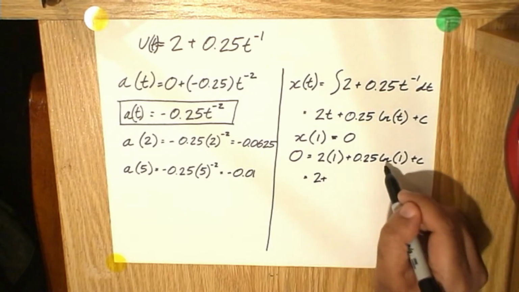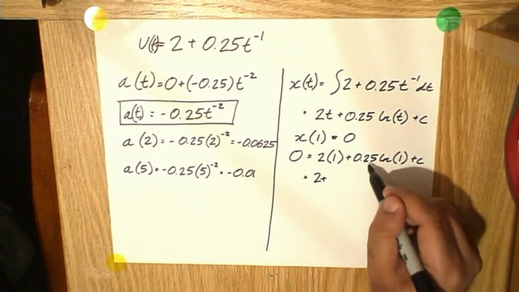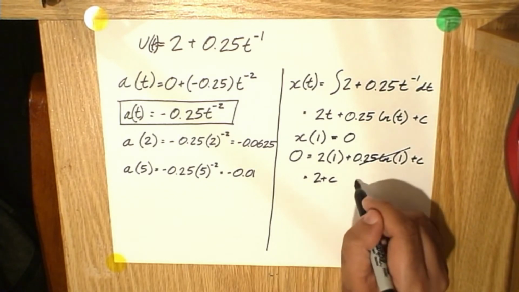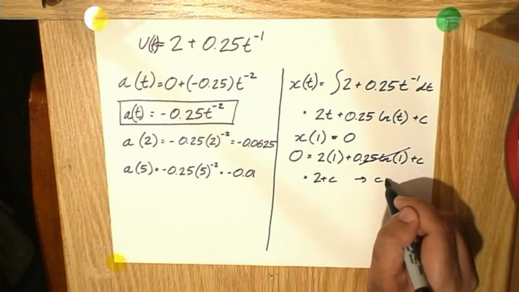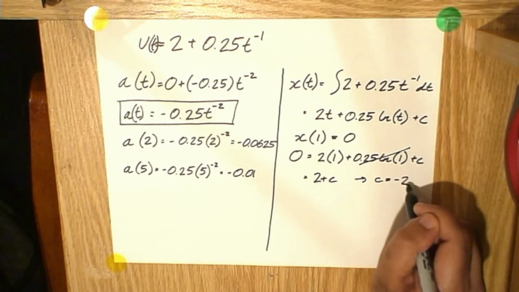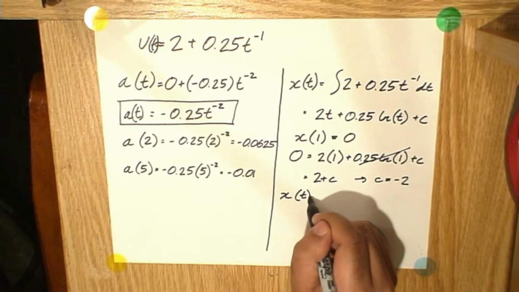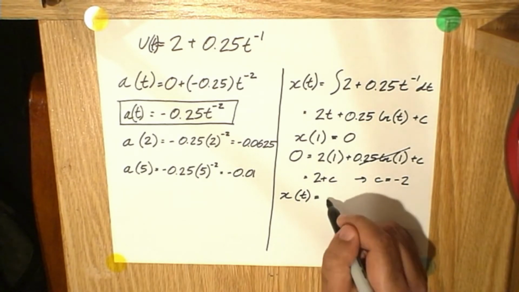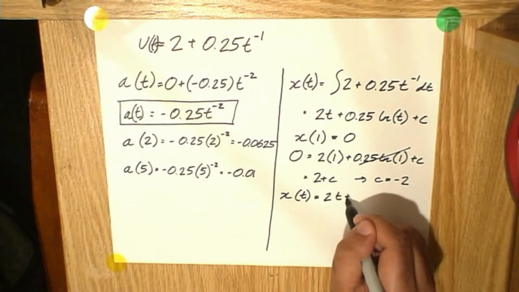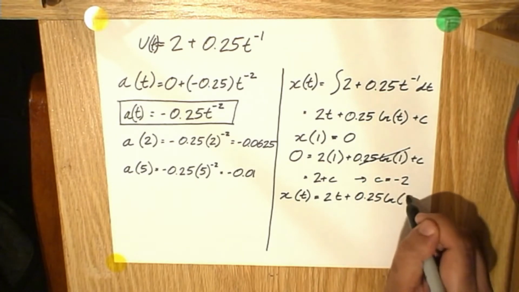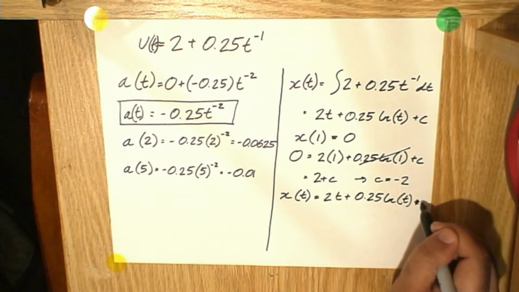The ln of 1 is 0, so this entire term cancels out. So I'd be left with a c over here. So that's going to give me that c is equal to negative 2. So our entire expression for the position is going to become 2t plus 0.25 ln of t minus 2.